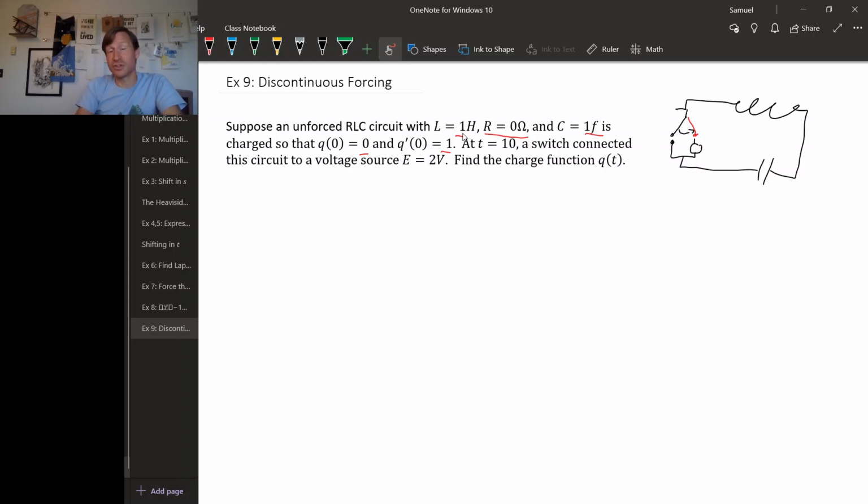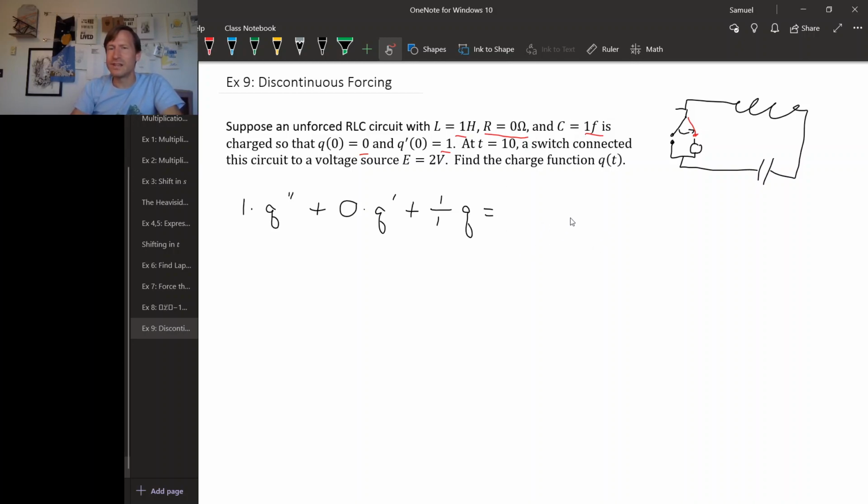So first, we need to write the differential equation. Since our inductance is 1, we have 1 times q double prime plus our resistance is 0, so 0 times q prime, plus our capacitor is 1, so 1 over 1 times q equals the forcing.